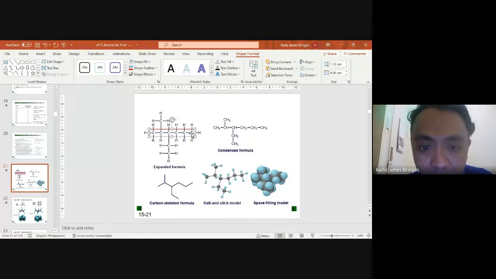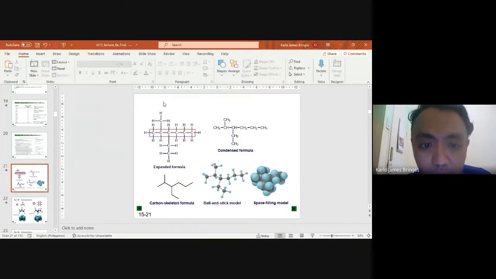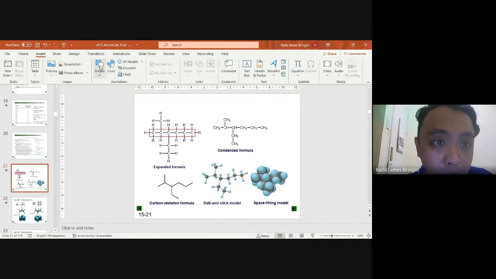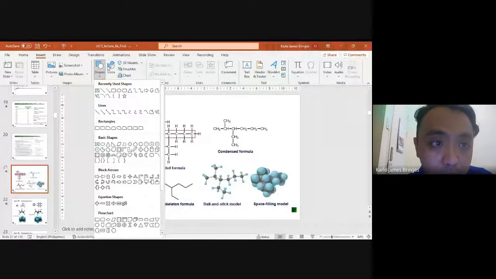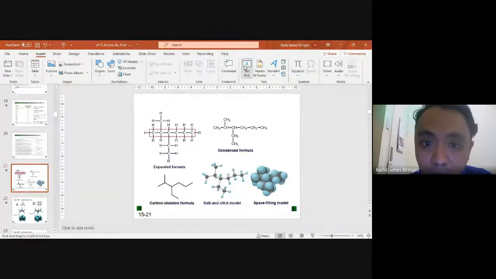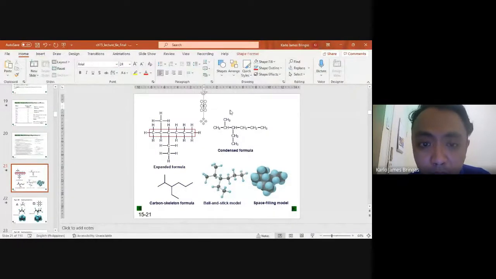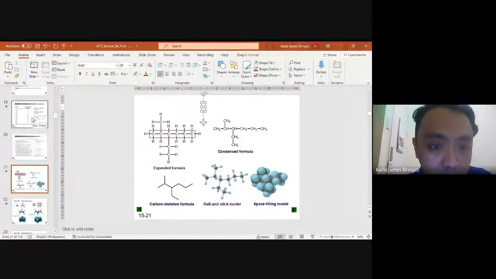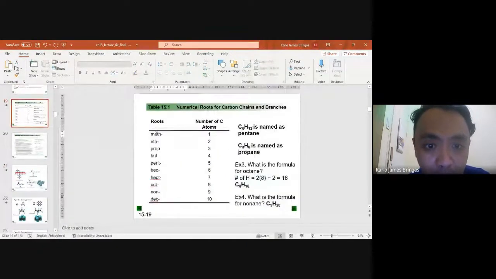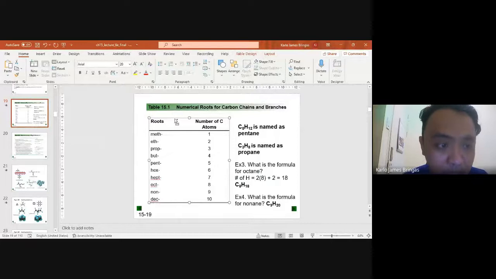So that is the longest chain that we have. Let me have the text box. For 6 carbon atoms, I will just copy this so that we have a guide.